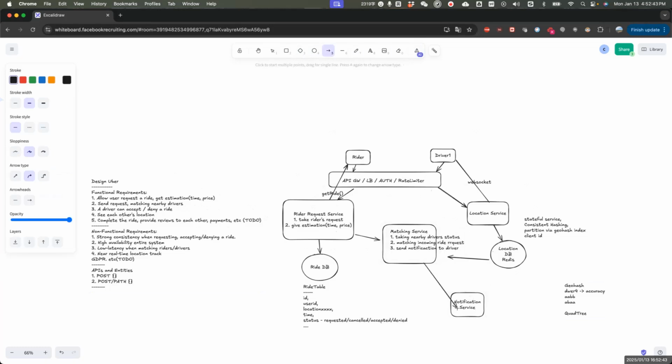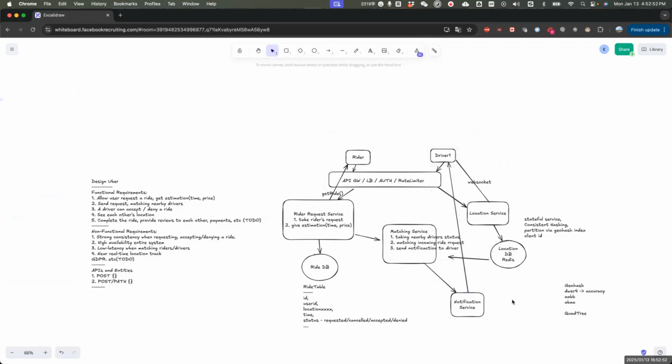When we are matching, we could send notifications out to the drivers through the notification service. Or if we don't use a notification service, we could utilize the location-based service itself. But in order to make it more microservices and scale individually, we could simply have a separate notification service to do that work.